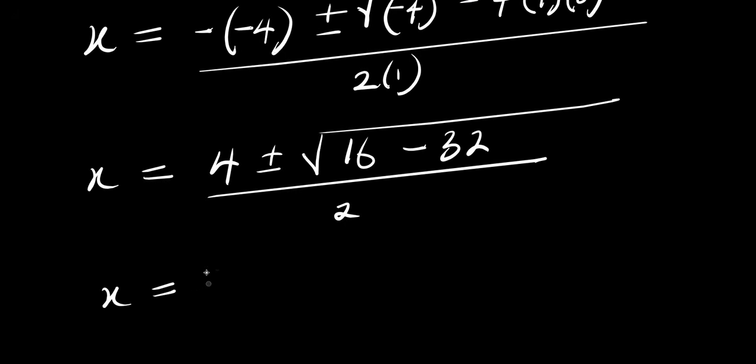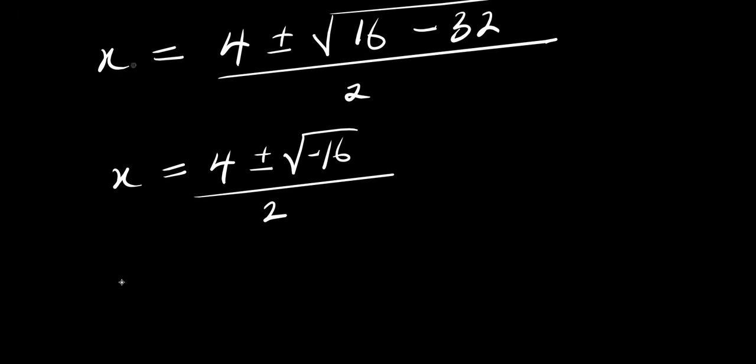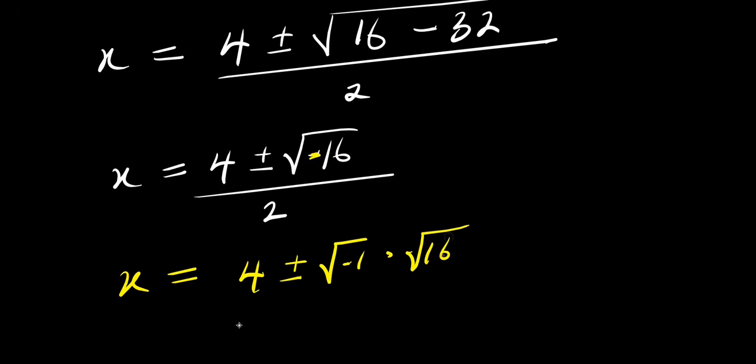From here, I have x equals 4 plus or minus square root of negative 16, divided by 2. And from here, x equals 4 plus or minus square root of negative 1 times square root of 16, divided by 2.